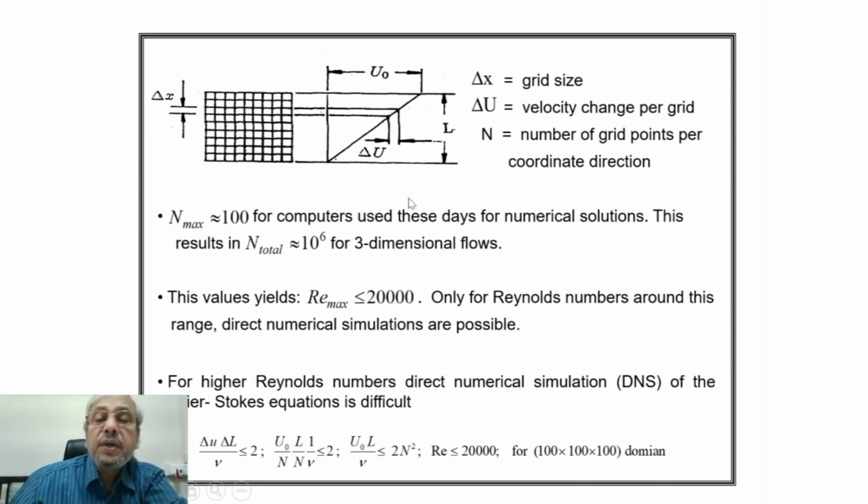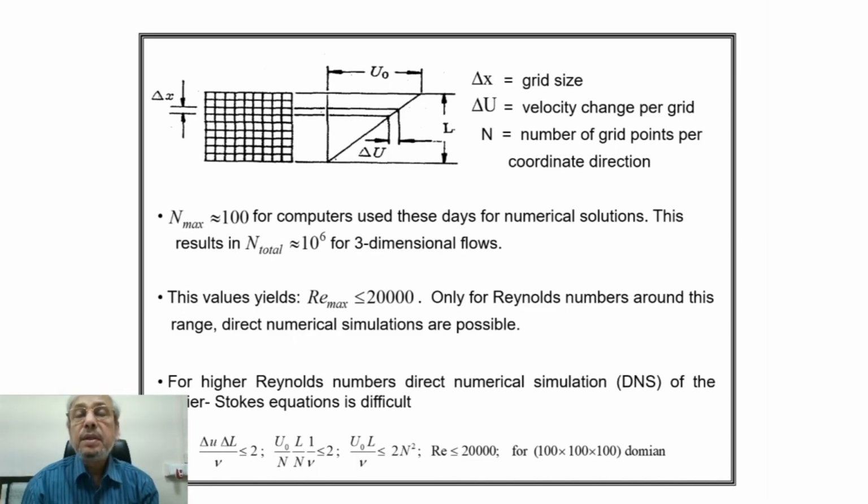So if we take a 100 by 100 by 100 grid, our Reynolds number based on characteristic dimension has to be less than 20,000. So there is a limitation for which direct numerical simulation for all the flows is not always possible.